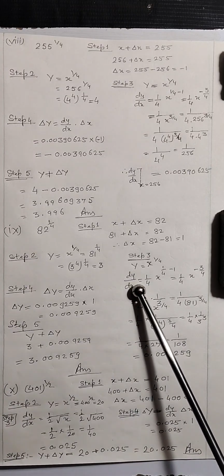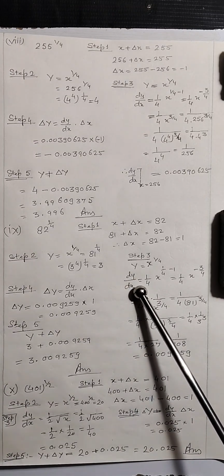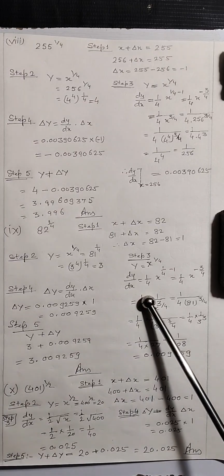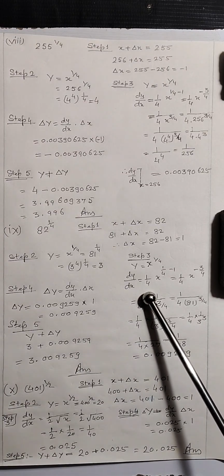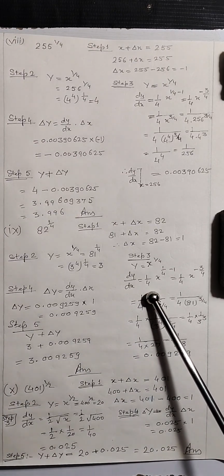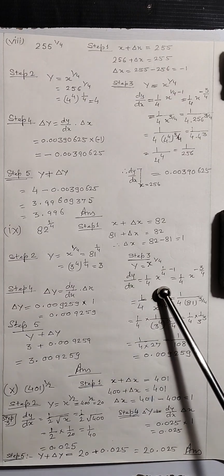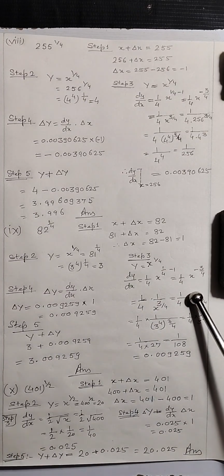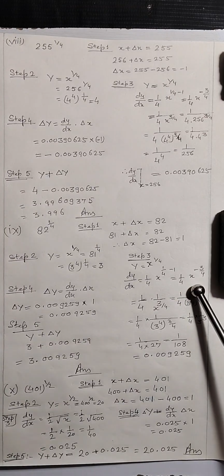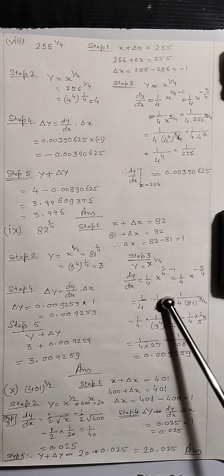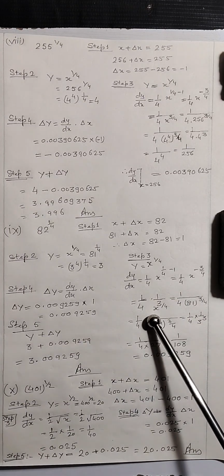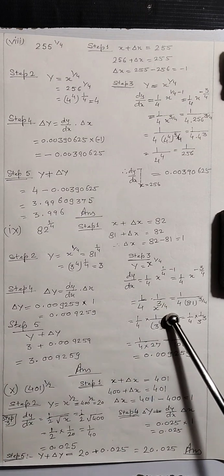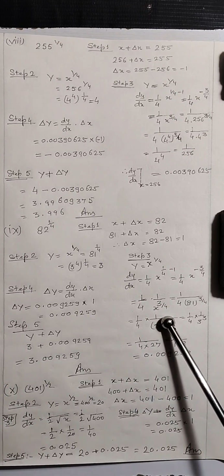Now step 3, y is equal to x raised to power 1 by 4. Now differentiate it with respect to x. So dy by dx is equal to 1 by 4 into x raised to power 1 by 4 minus 1. After solving you will get 1 by 4 x raised to power minus 3 by 4. Now here you see 1 by 4 into 1 upon x raised to power 3 by 4.